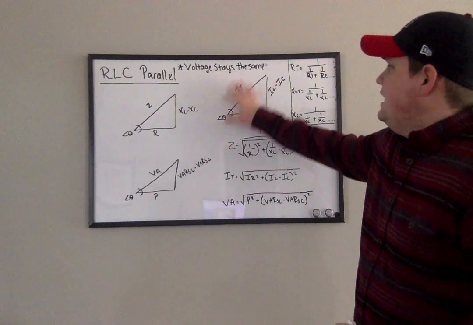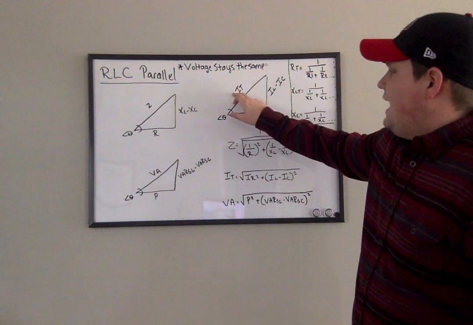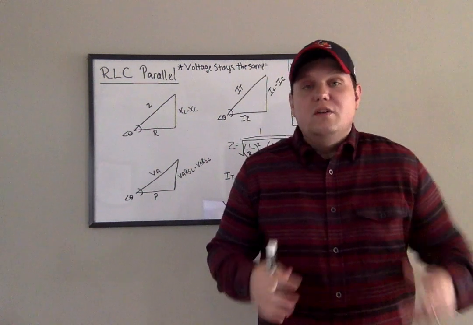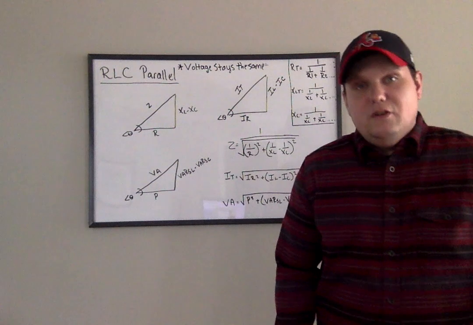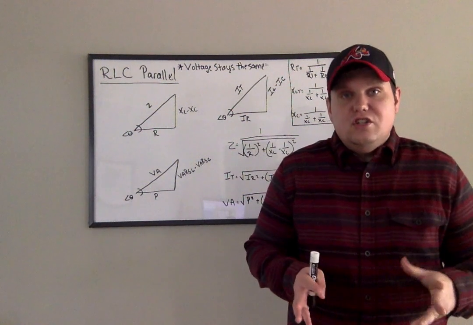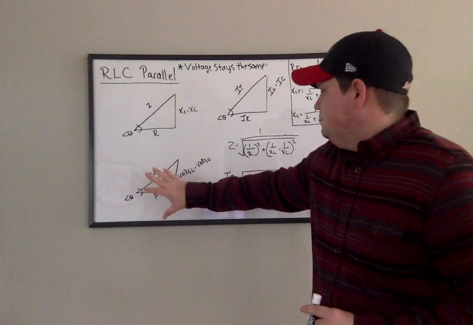And then anything in this triangle, so IT, IR, IL, and IC, are all going to be voltage divided by your ohms to get that.